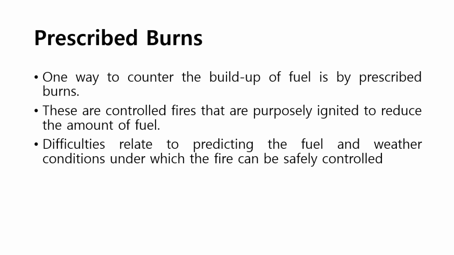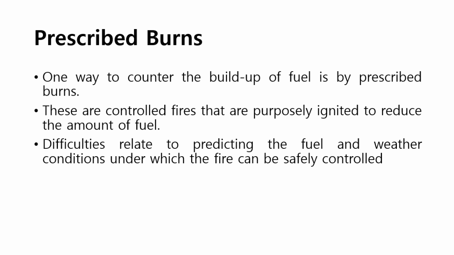Prescribed burn is a way to control fuel availability. One way to counter the buildup of fuel is prescribed burn, which is burning certain areas before it escalates to destructive large-scale wildfires. So these are controlled fires that are purposely ignited to reduce the amount of fuel.